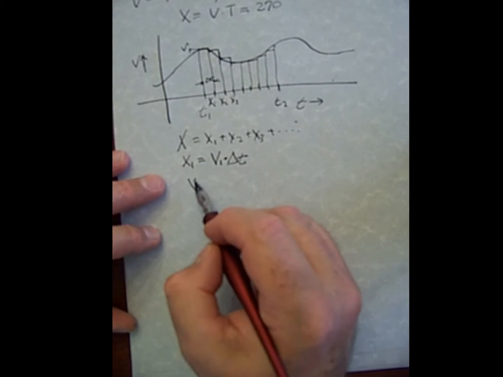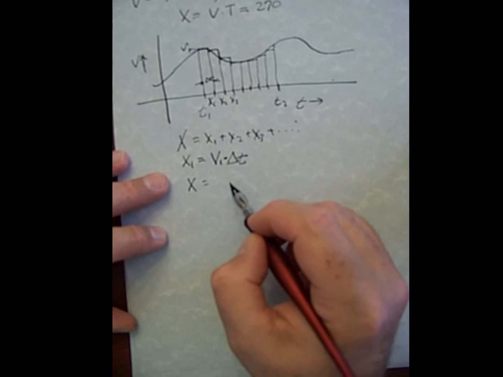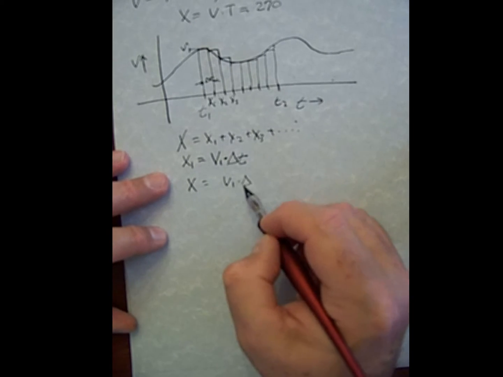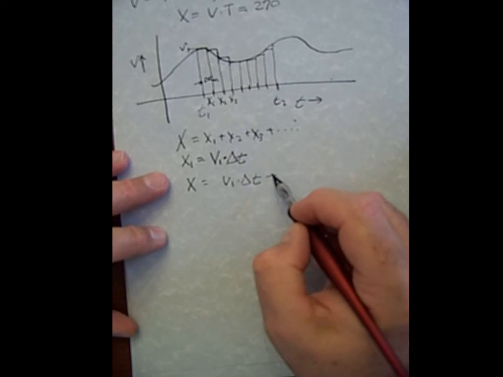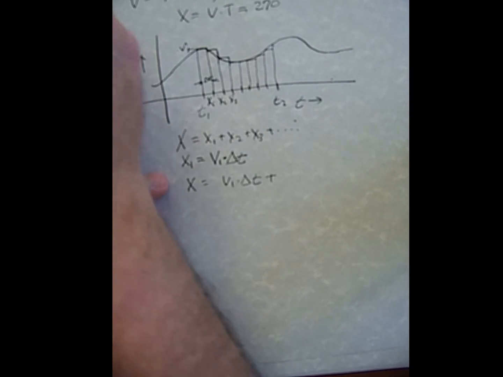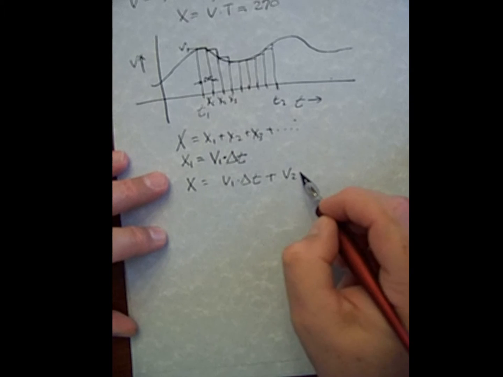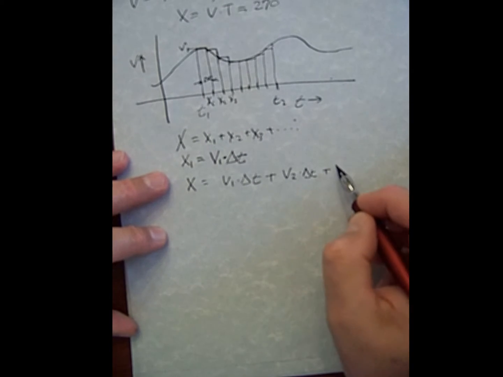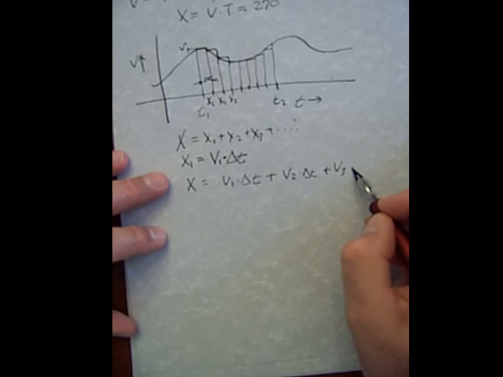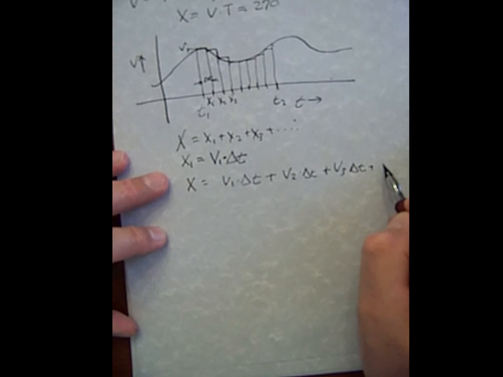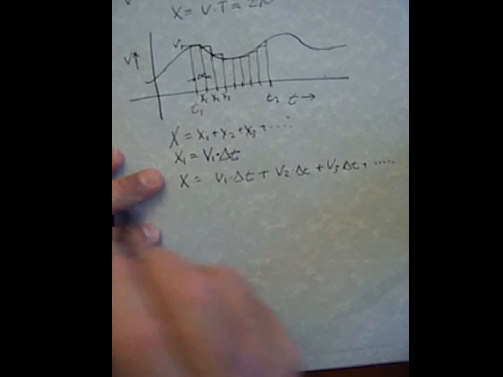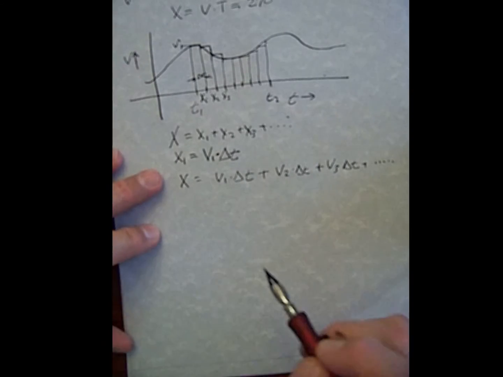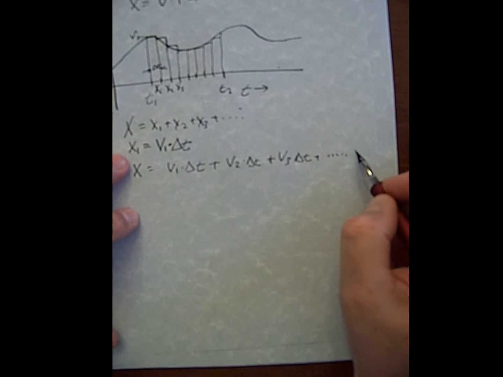So then my total distance is just the sum of these, x1 plus x2 plus x3. So v1 delta t plus v2 delta t plus v3 delta t plus however many more slices we took. In this case it's 8, but again that's entirely arbitrary. Well, okay, let's just say up to 8.